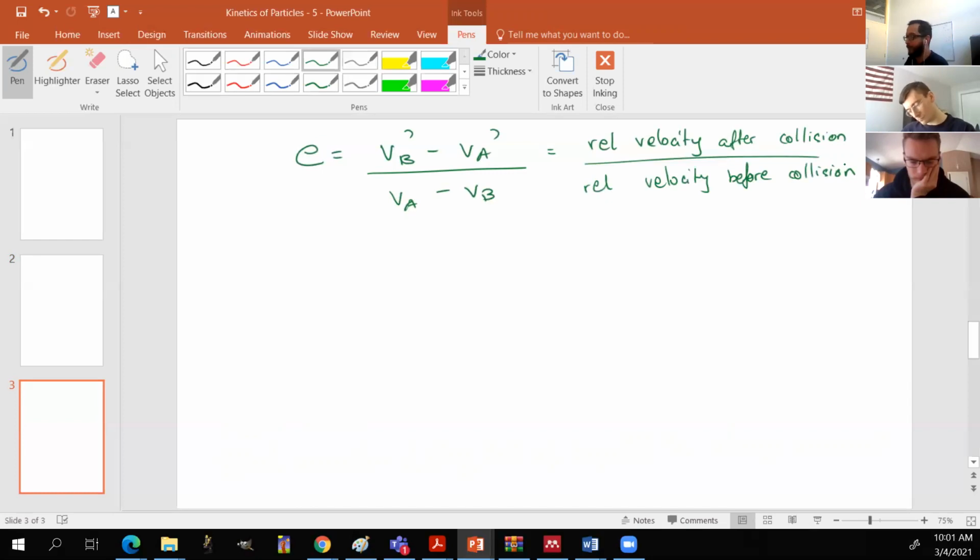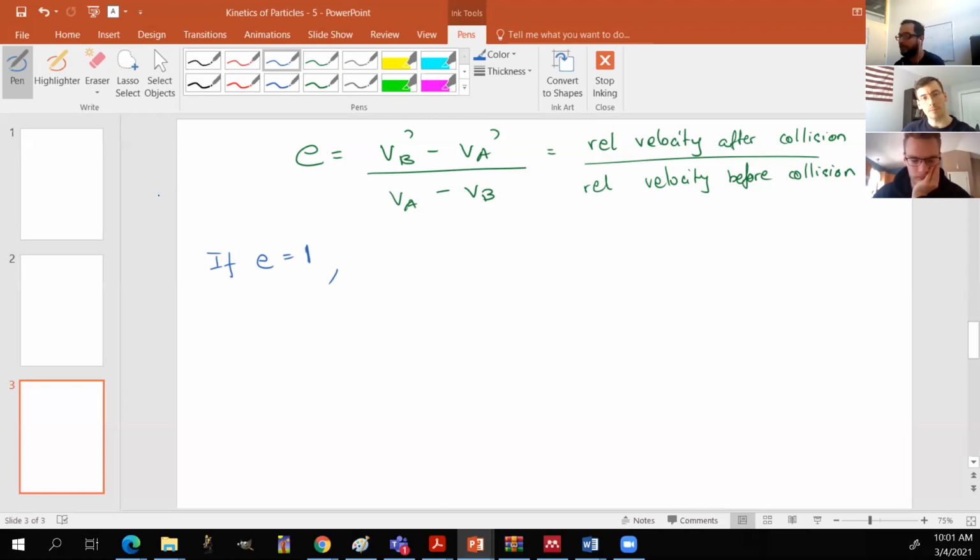All right. Now, the interesting thing to note is when you have this coefficient of restitution equal to 1, what does that mean? Does that mean there's conservation of momentum? No, momentum is always conserved along the line of impact, even if energy is lost, because there's no impulse. It means conservation of energy.